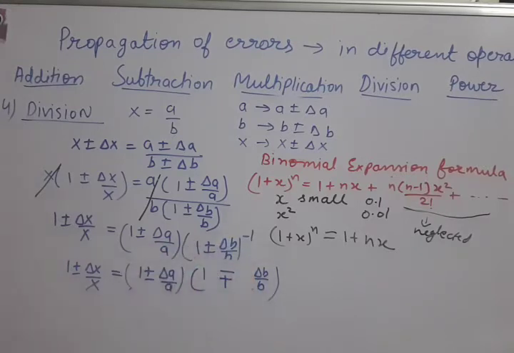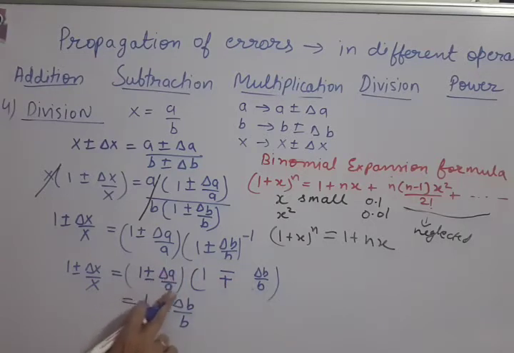Okay, plus minus was there. Now we have to multiply these two brackets. So we will get 4 terms, 2 terms into 2 terms will get 4 terms. Let us start. 1 into 1 is 1. 1 into delta b upon b is delta b upon b, and same signs we have put. Now the next second term, multiply with other 2 terms.